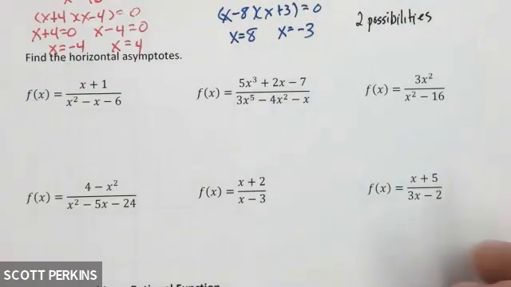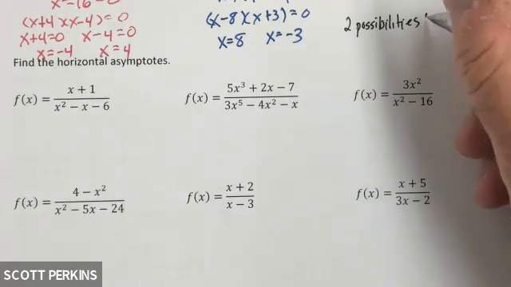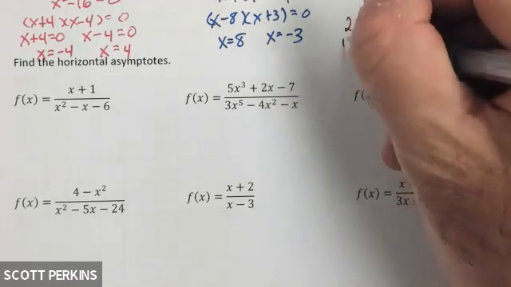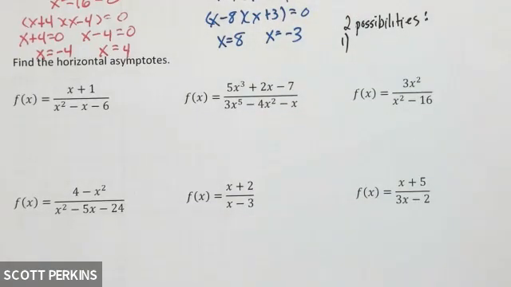Okay. So this is for the horizontal asymptotes. I'm just kind of doing it over on the side where I have a little room to write. There are two possibilities for horizontal asymptotes. Possibility one. Possibility one is when the degree of the denominator, in case you don't remember what the degree is, that's something probably you learned in introductory algebra.